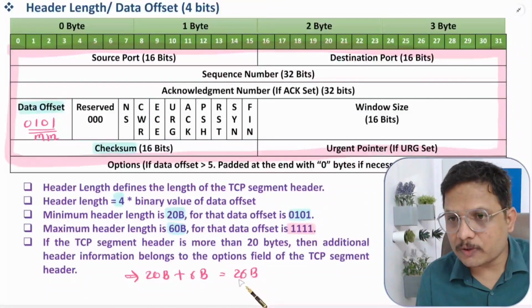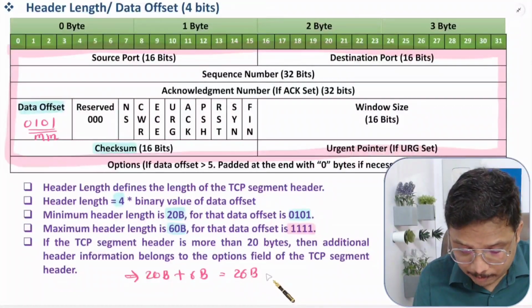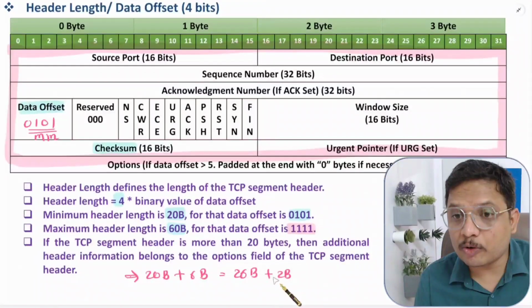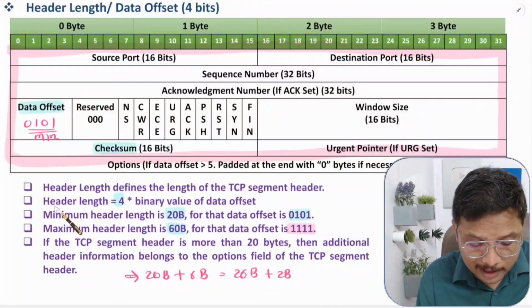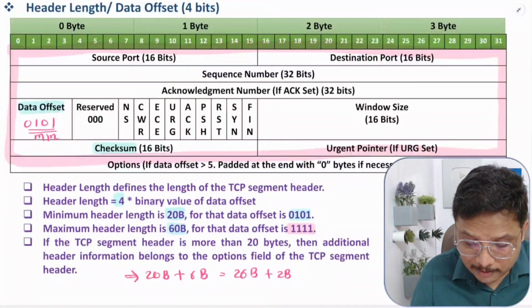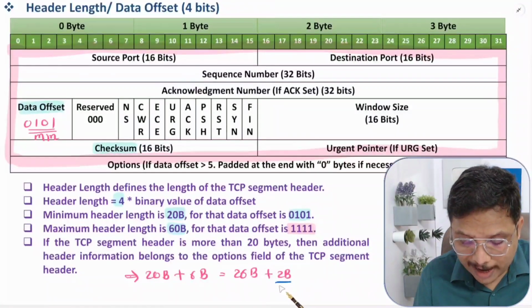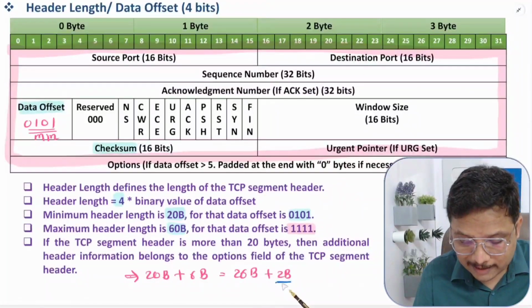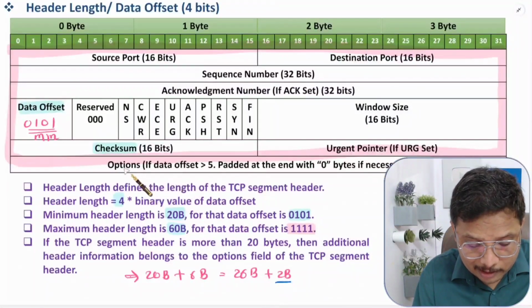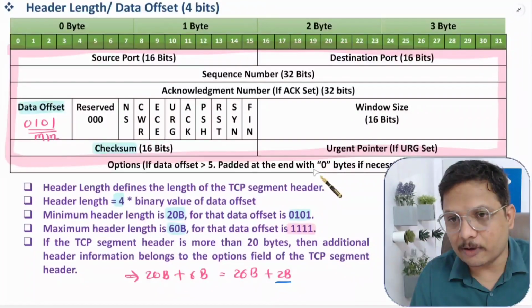So you will have to choose 28 instead of 26. So here plus 2 bytes that we will have to add to make it 28 bytes, which gives you header length, right? So what is this 2 bytes? These 2 bytes will be padded with all zeros, right? These 2 bytes are additionally padded along with the options with all zeros.